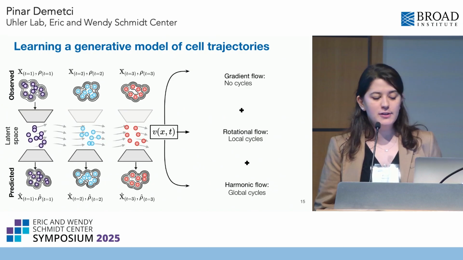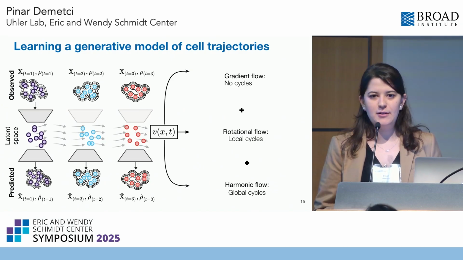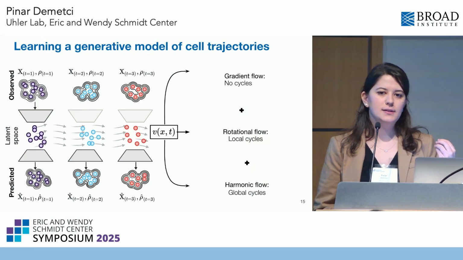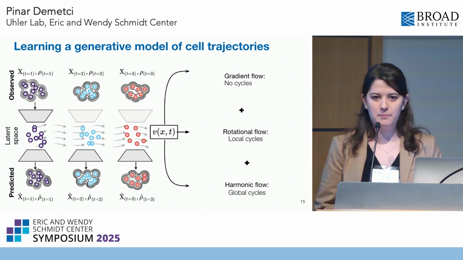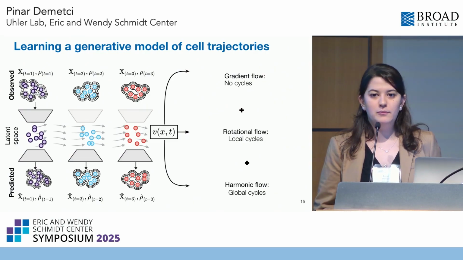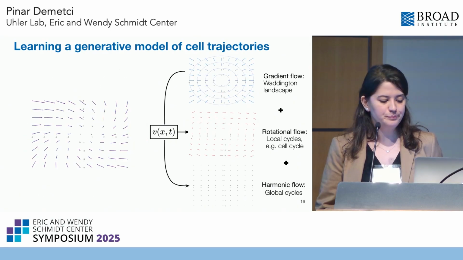So this learns the generative model over the cell state transitions. But one thing that we mentioned is that we want to learn these interactions over a notion of biological time and not experimental time. But right now, the velocity field is taken in experimental time and is generating samples at a given experimental time. So in order to convert this into a biologically meaningful notion of time, we're going to decompose it into three components: gradient flow, rotational flow, and harmonic flow.